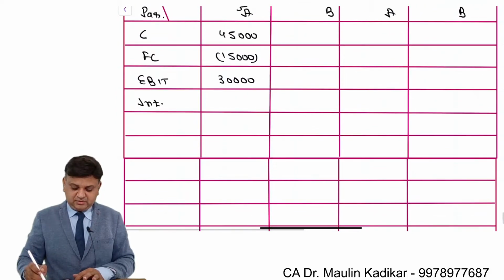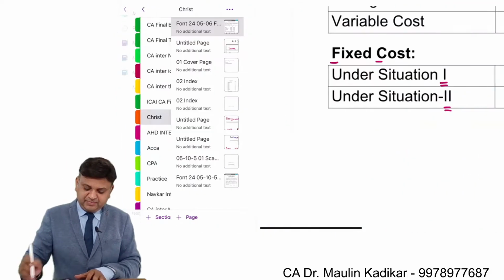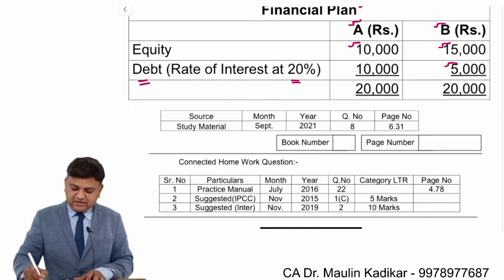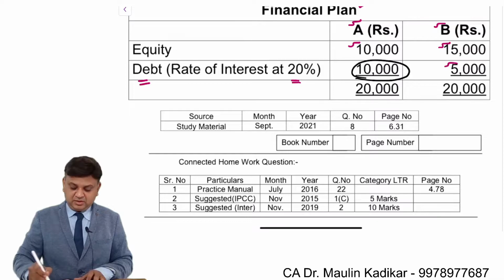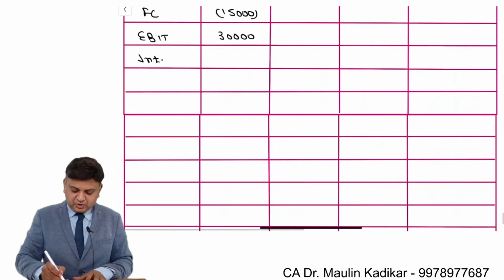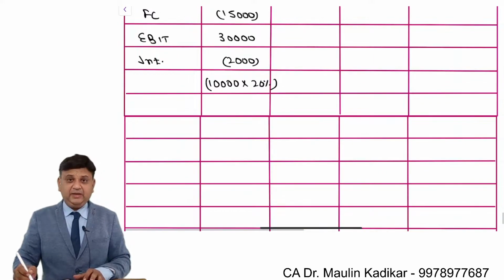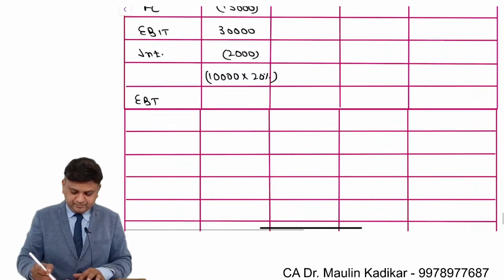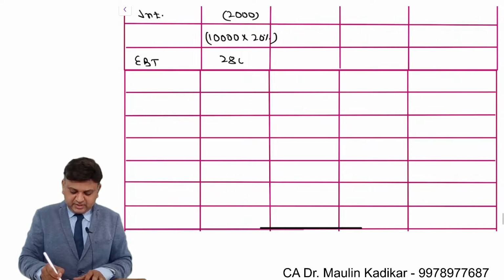Less interest: as far as plan A is concerned, the debt financing is 10,000 and the rate of interest is 20%, so it comes to 2,000. EBIT minus interest gives EBT, that is 28,000.